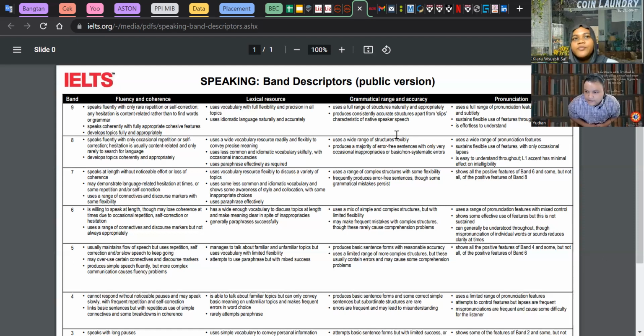Well, yeah. The examiner will also examine how fluently you are speaking, but it doesn't necessarily have to be too fluent, that you need to speak that fast or like a native speaker.